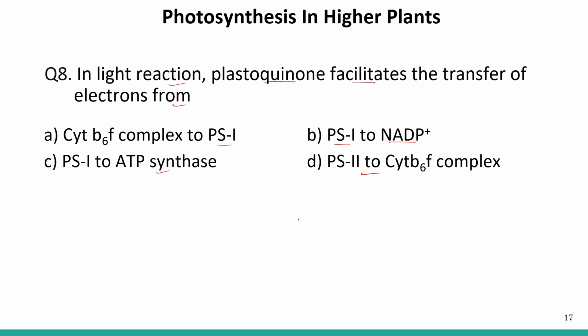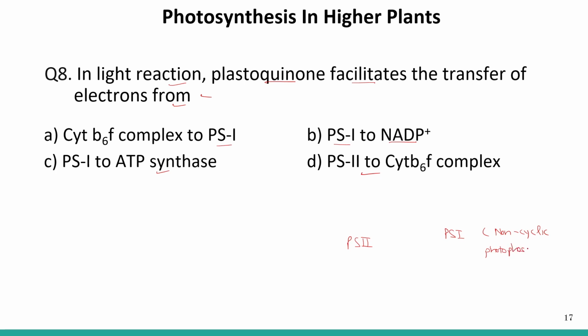Let's talk about the photophosphorylation or the electron transport chain. So what happens here? We have photosystem 2 here, and then we have photosystem 1 here. So this is non-cyclic photophosphorylation.